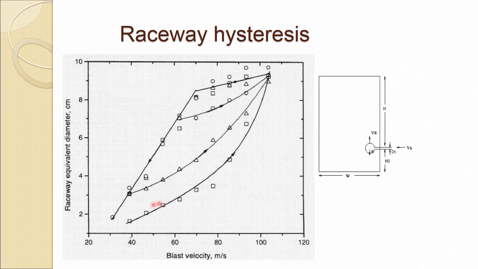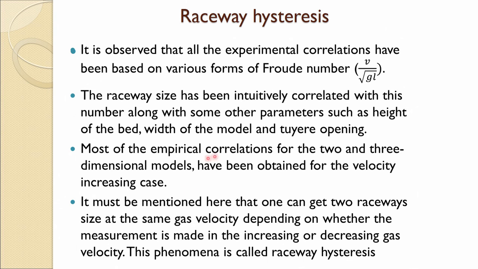This typical phenomenon is known as hysteresis. As you can see, it is a hysteresis sort of curve, and that is what is discussed about the hysteresis that has been formed, with 2 raceway sizes at the same gas velocity.